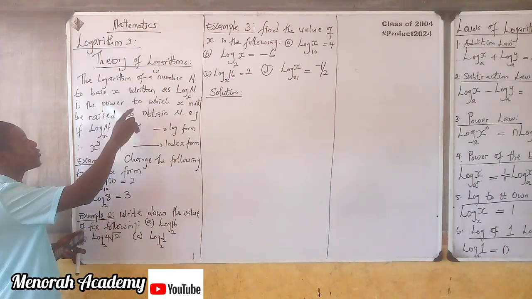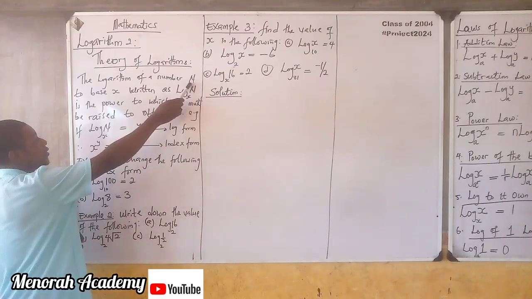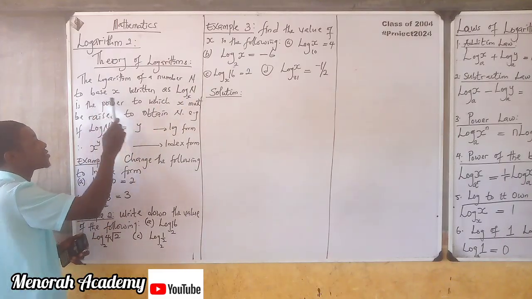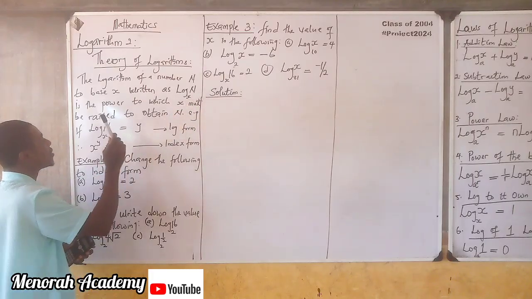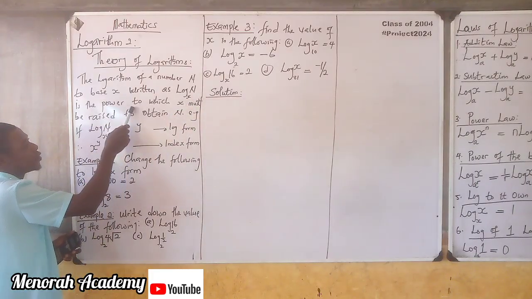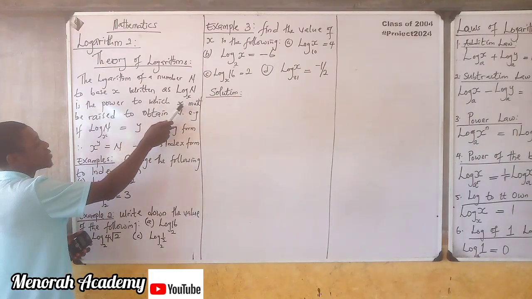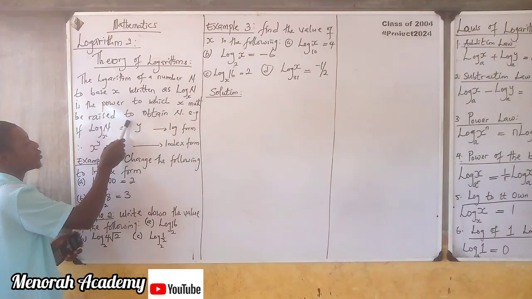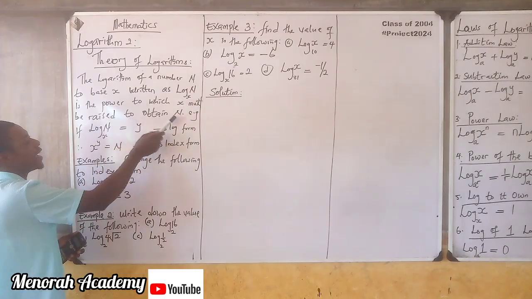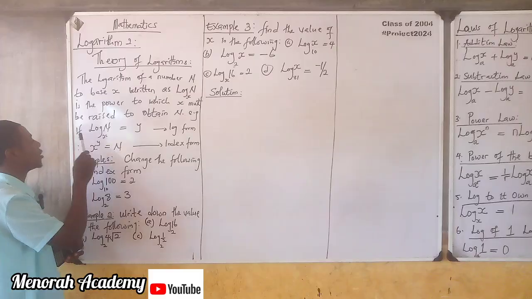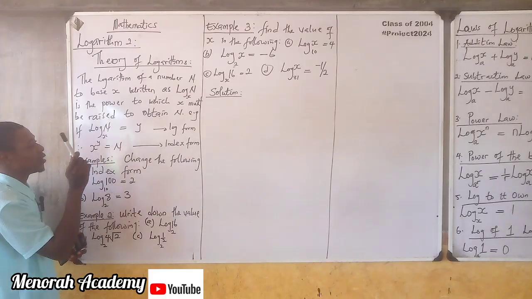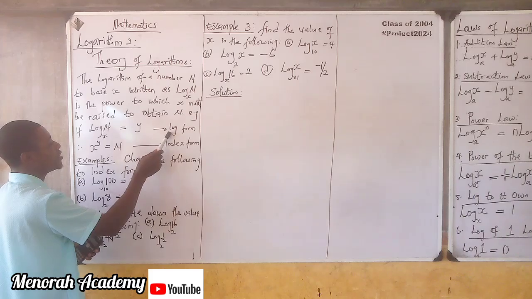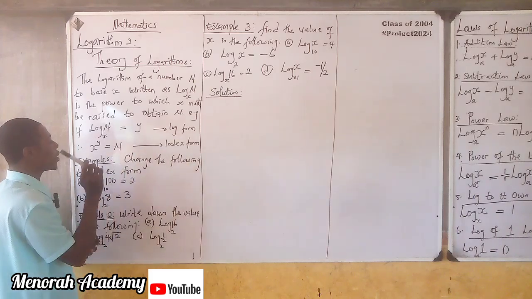The logarithm of a number n to base x, written as log n to base x, is the power to which x must be raised to obtain n. For example, if log n to base x is equal to y, this is the log form.